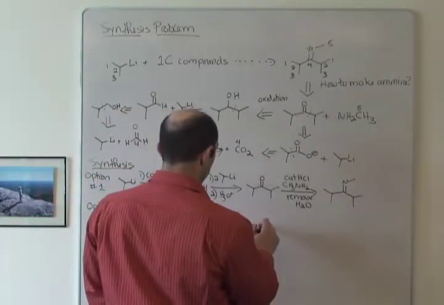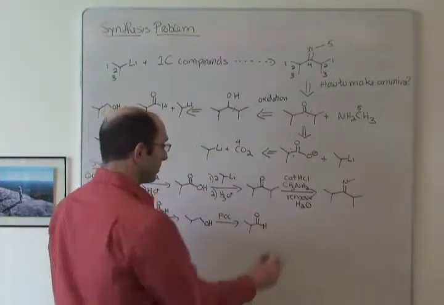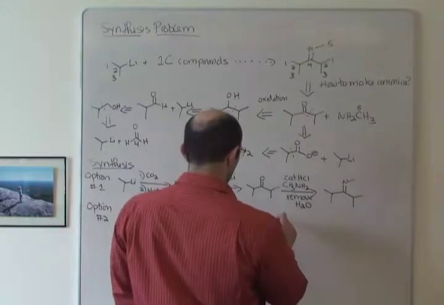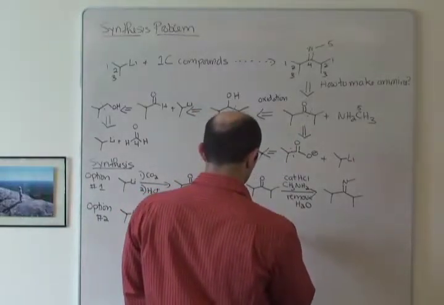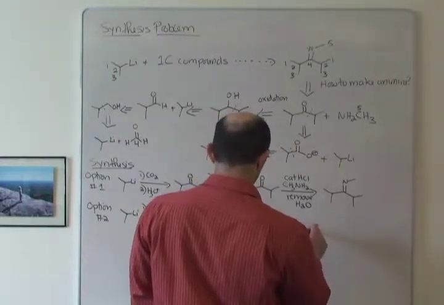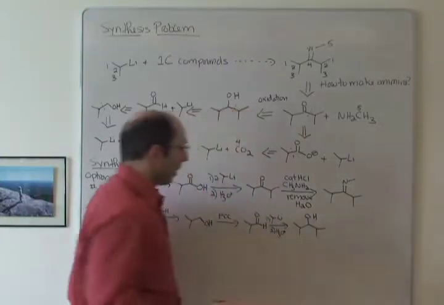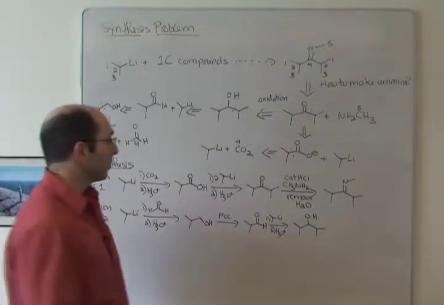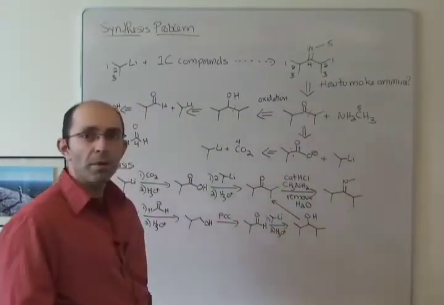PCC gives us an aldehyde. Add the alkyllithium again. We get to the secondary alcohol, and I'm just going to cheat a little bit and go to the compound we've already made up here. Right?